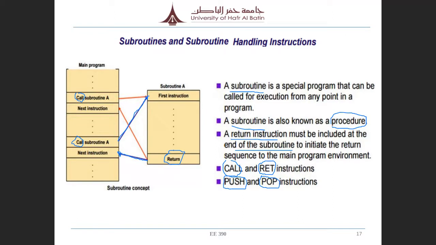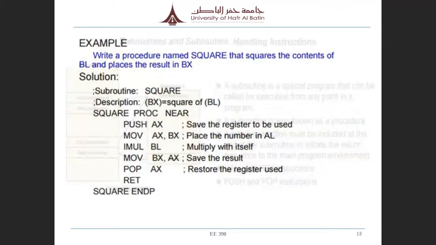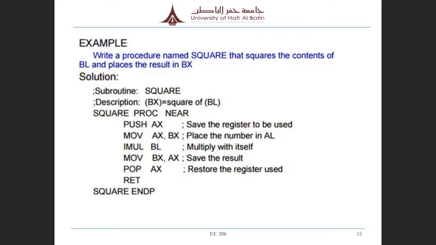In the main program we have to write call, and at the end of the subprogram we have to write return, ret. And push and pop are also related here. Sometimes we use these instructions manually, sometimes it is done by the microprocessor internally.